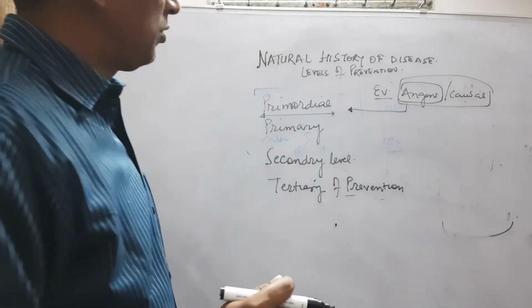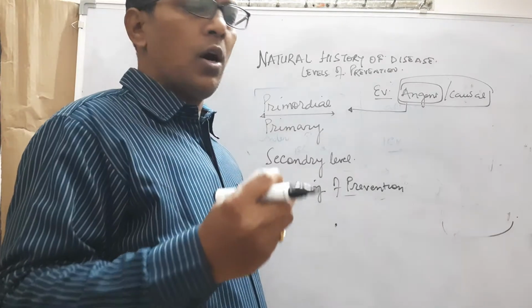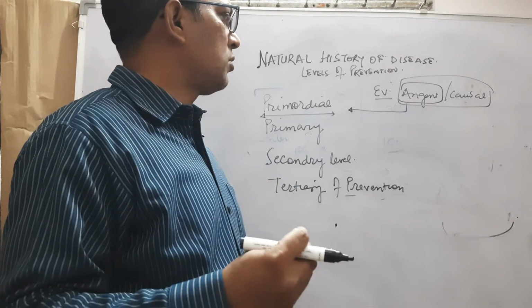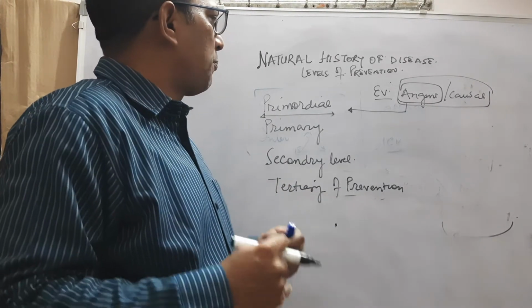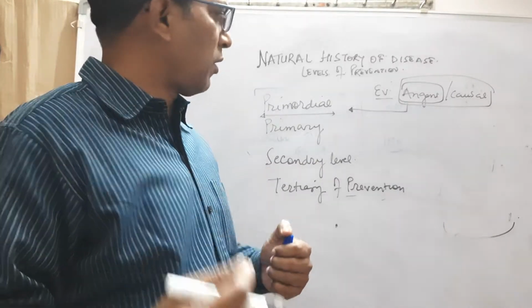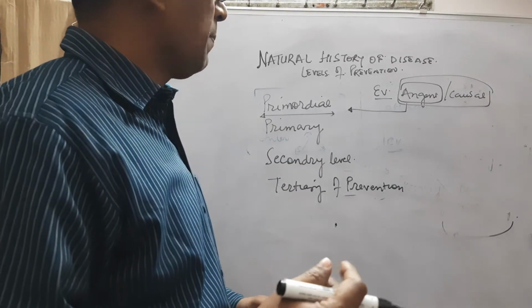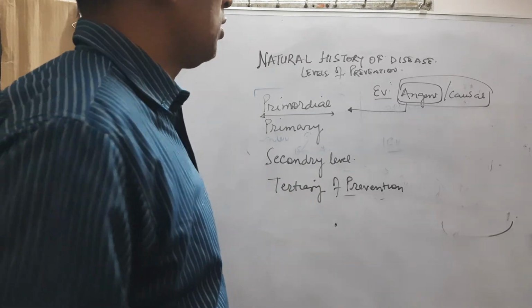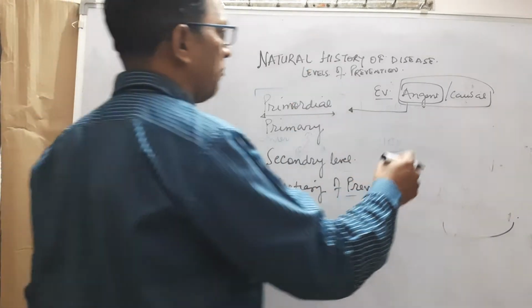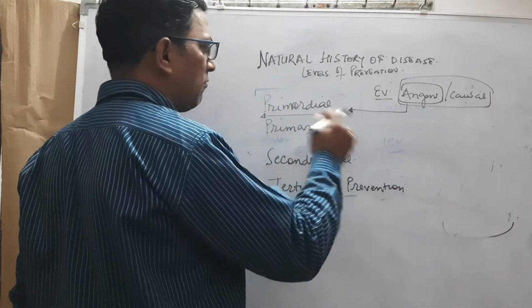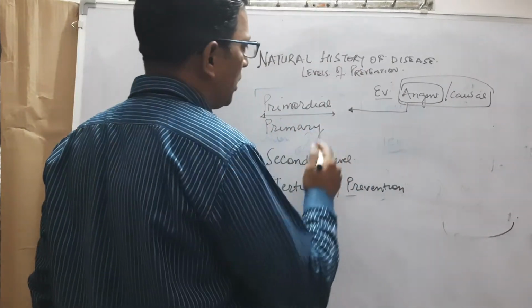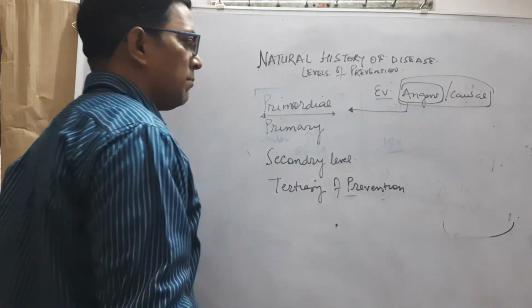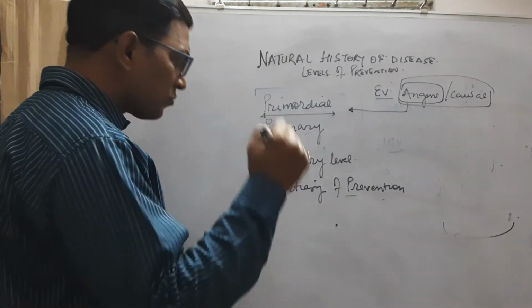What is intervention? Intervention means some strategic measures where you put an end to the progression of disease, whatever it may be, either initiation of disease or progression of disease. When the agent and causal factors are not present in the environment, and at that time you take the measures, they are known as primordial level of prevention.